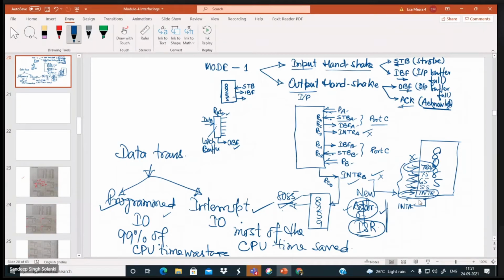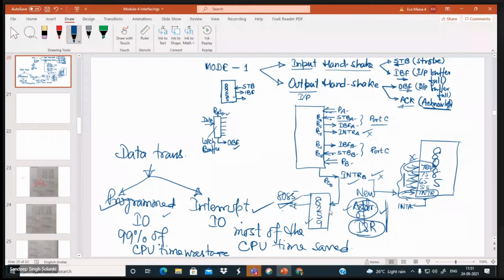Is that clear? So if your work gets adjusted with these three vectored interrupts, then there is no problem. But if you feel your job is not getting done with these three interrupts, then the option is to go for the interrupt controller.